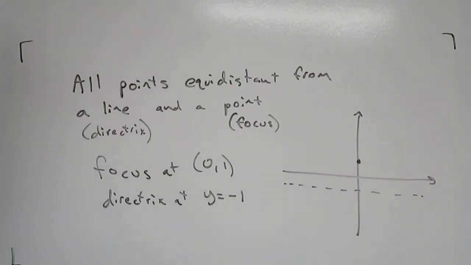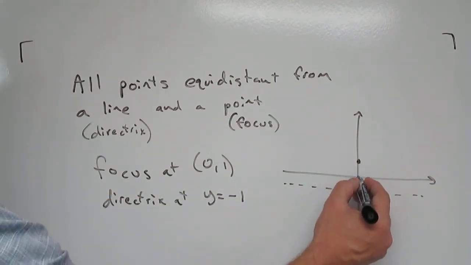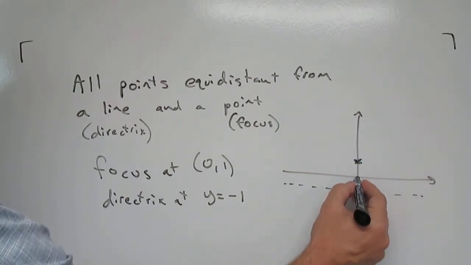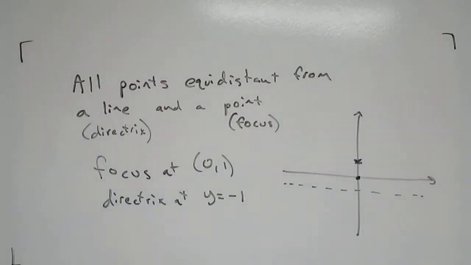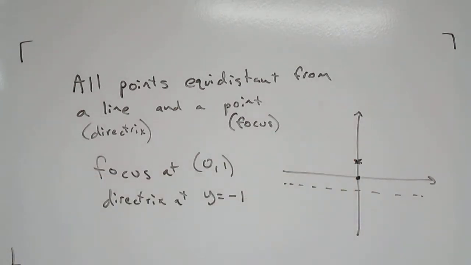Focus is going to be here. So a parabola is made up of all the points that are equally distant from both this point and this line. So the easiest point to come up with, usually with my focus I make it an x. I have this point here. The point that is directly in the middle, on the line that is perpendicular to both the focus and the directrix, is called the vertex.